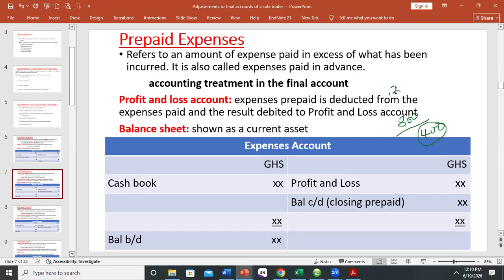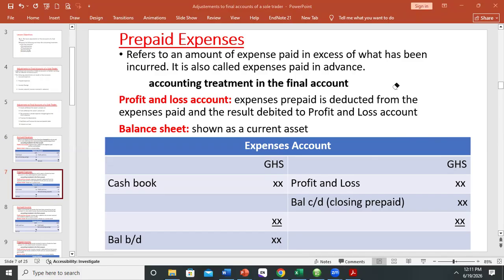So as you rightly heard Jane read, these are expenses paid in excess of what has been incurred, right? So in simple terms, it means that the expense was say 1,000, but we made payment for 3,000. So we have paid in excess. It's like going to rent the building of a landlord.